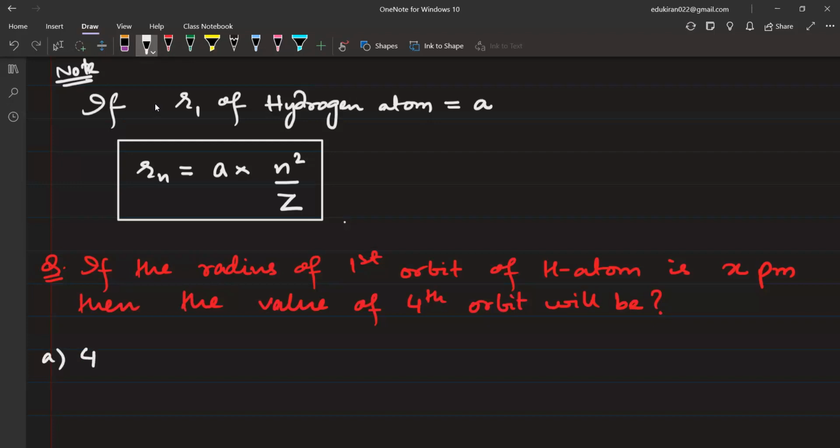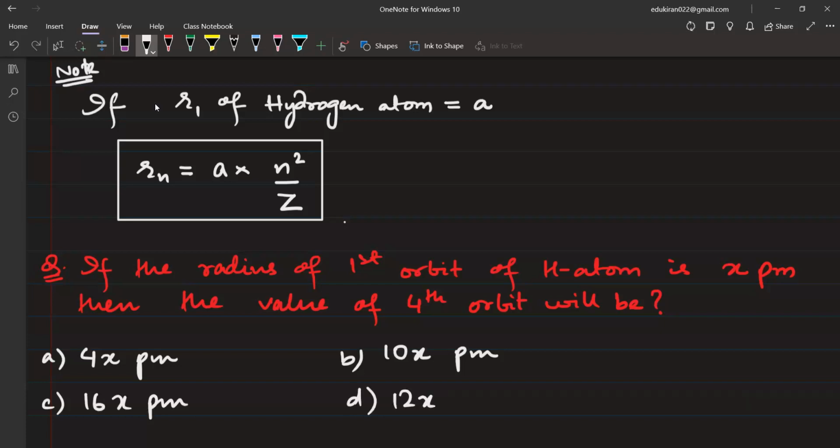Option A, 4x picometer. If you know the answer, you will give the answer in the Zoom chat. Please don't say it out loud. 10x picometer, 16x picometer, 12x picometer. है ना? फोर्थ ऑर्बिट ऑफ व्हाट? हाइड्रोजन एटम होंगे ना. चलिए इसमें प्लग इन करके आप लोग ऐसे करें. बहुत छोटी छोटी चीजें हैं, लेकिन आप लोग रेडियस ऑर्बिट और ये सब देख के थोड़ा डर जाते हैं. आराम से वैल्यू इसको प्लग इन करेंगे, आराम से आंसर आ जाएगा.